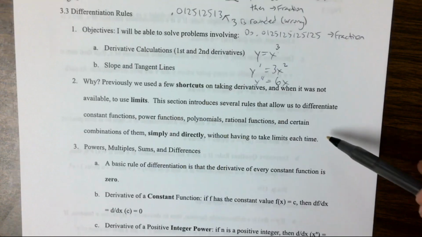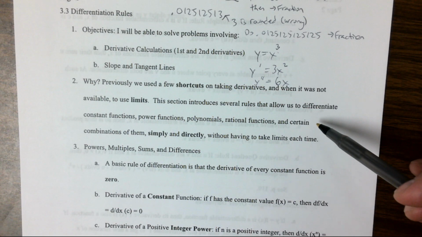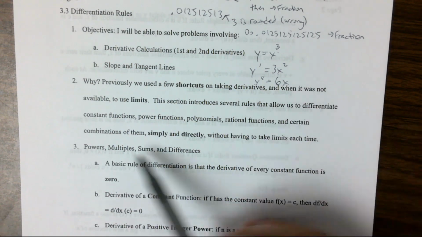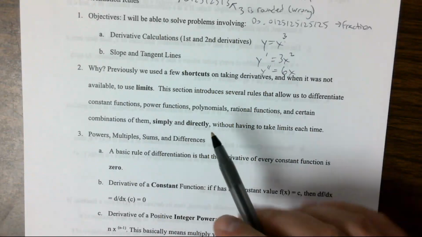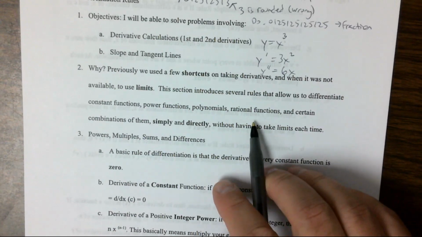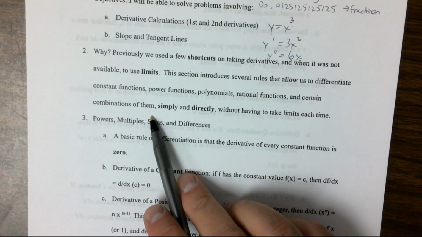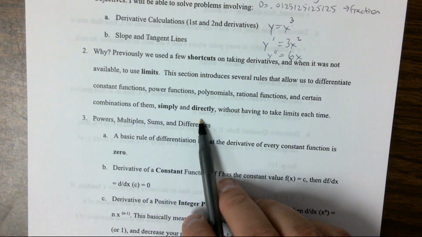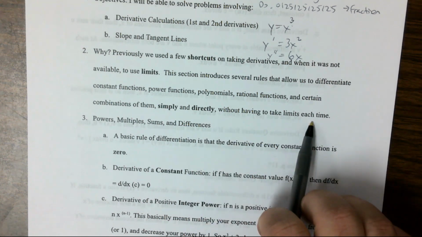This section formally introduces rules that allow us to differentiate constant functions, which are just numbers, power functions, polynomials, rational functions, and certain combinations of them, to simplify and do this directly without having to take limits each time.